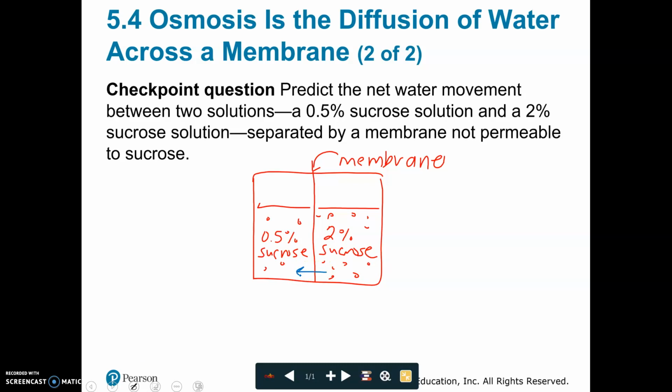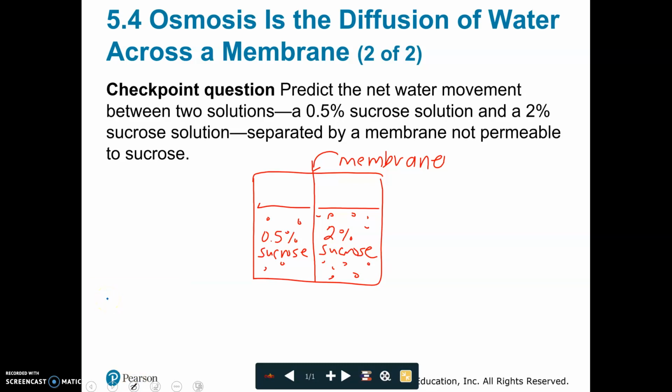It would go from high to low, right? Because sucrose is a solute, and diffusion of any solute will be from where there's more to where there's less. However, we're pretending like the sucrose cannot pass. So we're going to get rid of that. So what will happen if only water can pass?